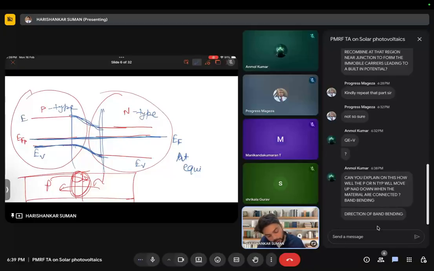Why this? Because of the redistribution of charge carriers, an electric field is developed. This is the built-in potential, and this causes the band bending.